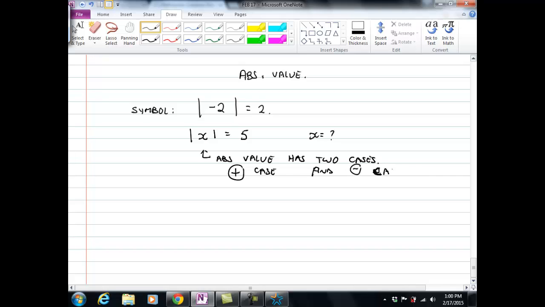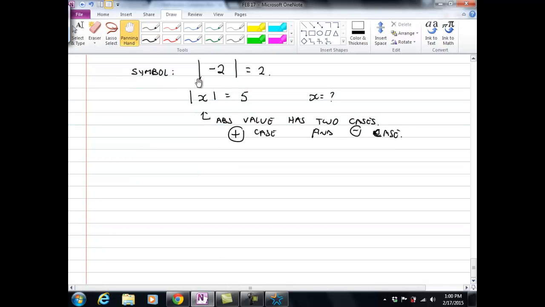You have to learn how to write this down properly. So here's how we do the positive case and here's how we do the negative case. If it's a positive case, we leave it the way it is, and we write down x equals 5. Now, the positive case occurs when, this is a crucial part, I need to put a little star beside this.